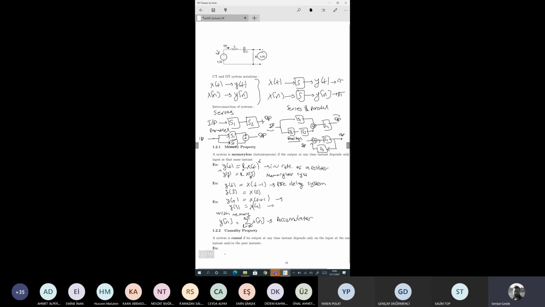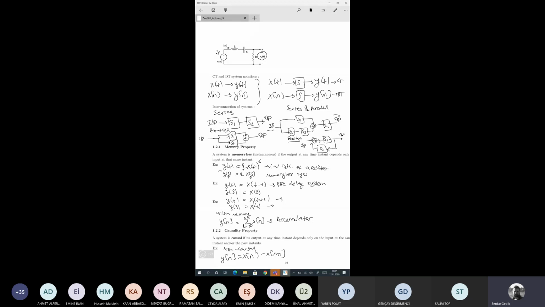So I have here a non-causal example. So what is it? y of n is x of n minus x of n plus 1. So if I find a counterexample related to the definition, then I can say whether it is causal or non-causal.